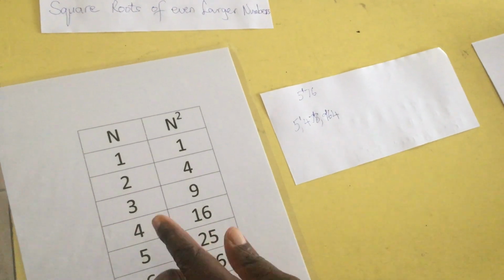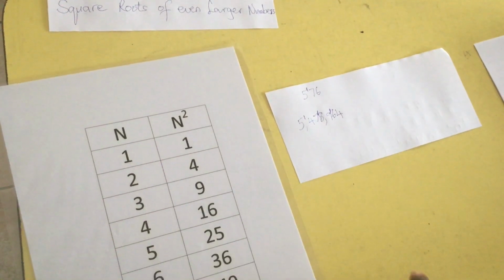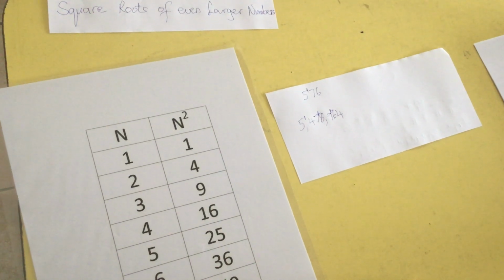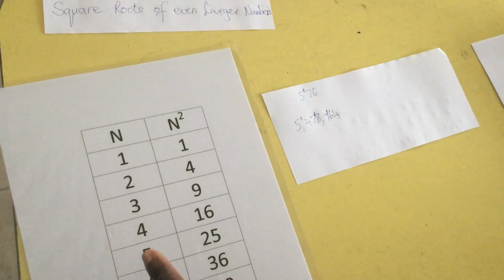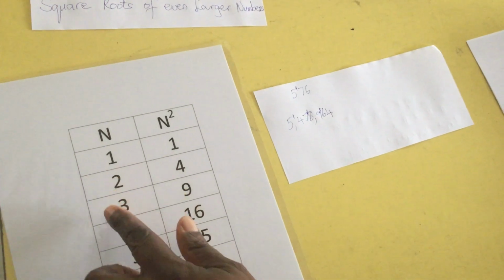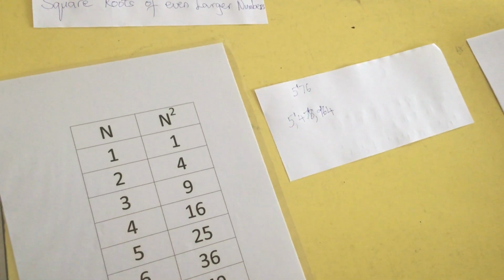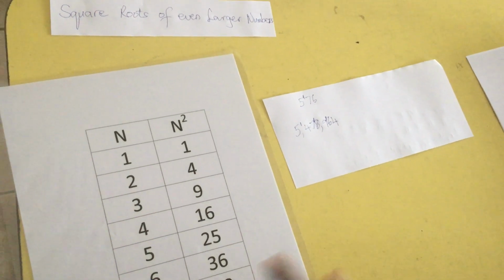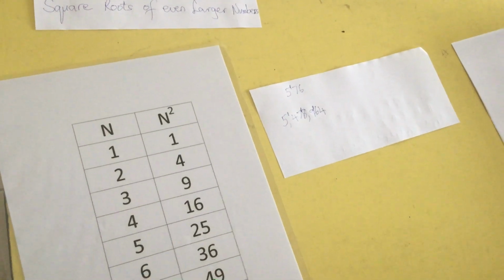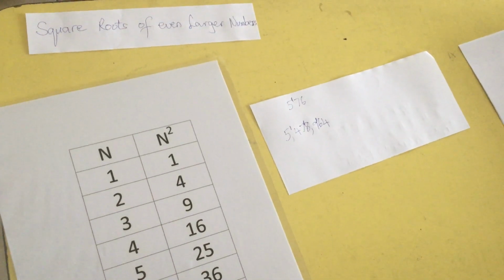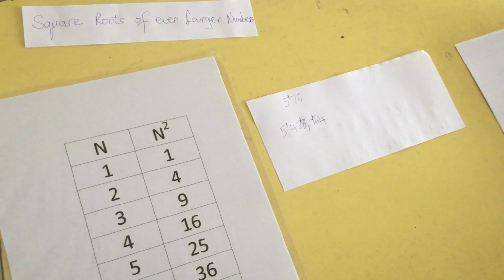Now looking at this n squared chart, if the numbers under n were tens instead of units, we have two extra categories, so we can add two zeros.